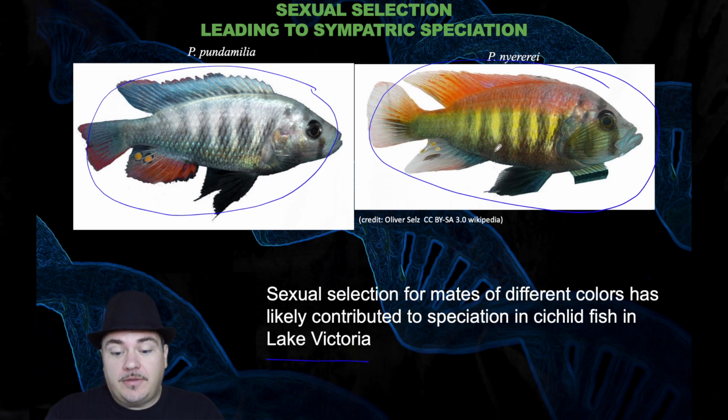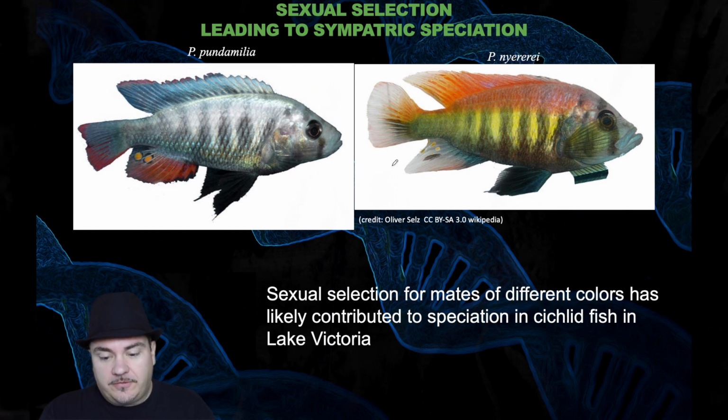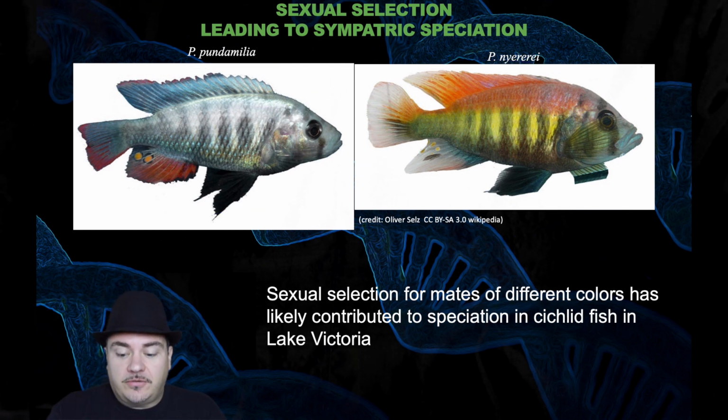Over time, they started to select only this one or only this one. So because of that, they didn't exchange their gene pool between these two different physical appearances of fish. Okay, because of that, these two fish are starting to diverge away from each other into two different species because now their gene pools have been separated due to sexual selection. The females are picking which males they want to mate with.